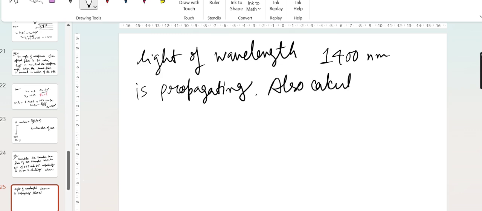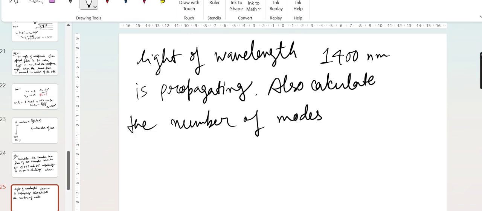Also calculate the number of modes that the fiber can support for the propagation.